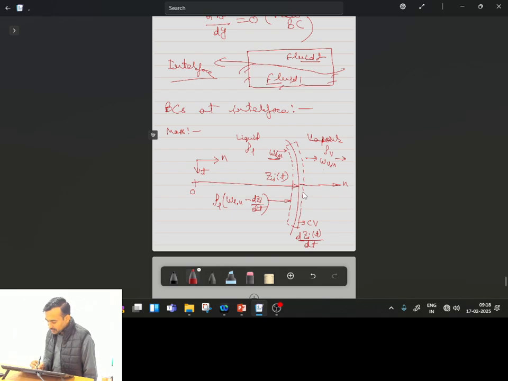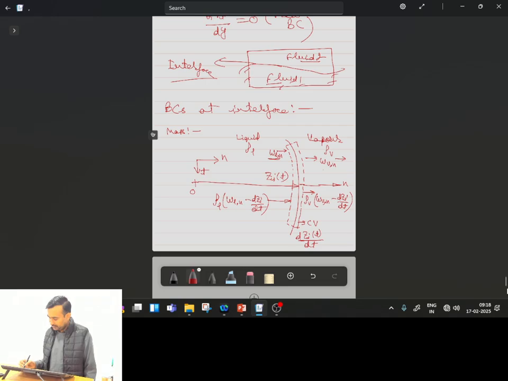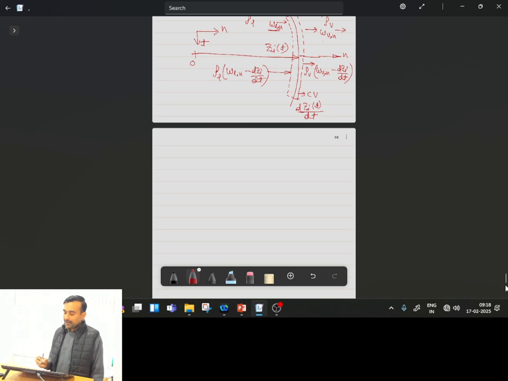Similarly, the mass flux of the vapor will be rho V into WVN minus dZi by dt. So this will be the mass flux entering and leaving the interfacial control volume.